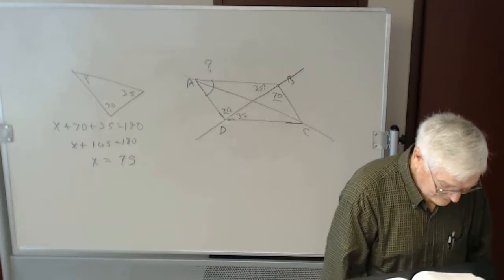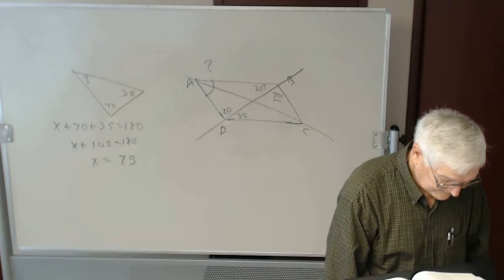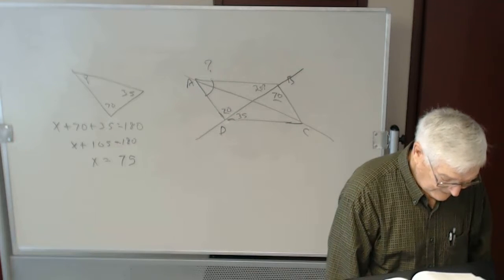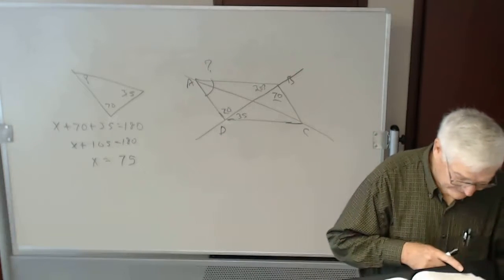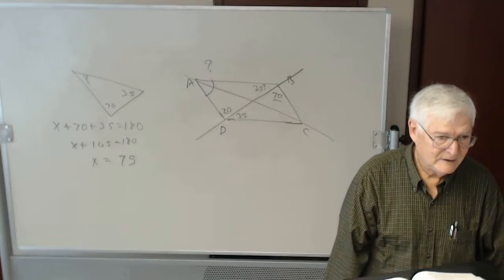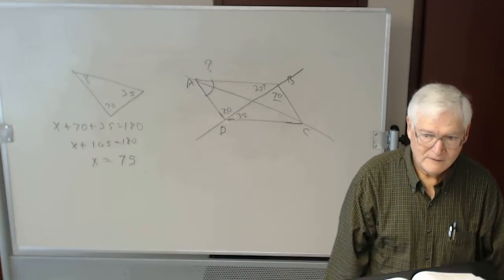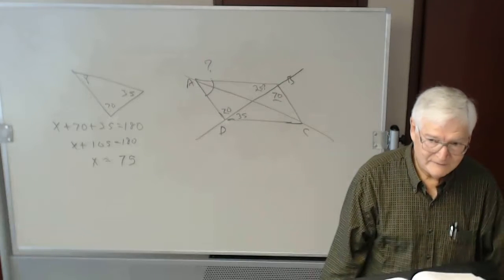Number 50. Given the figure below, find the measure of angle C. If A is 75 and B is 30, what does C have to be? 180 minus 105?